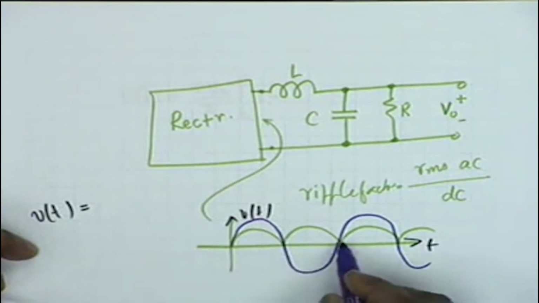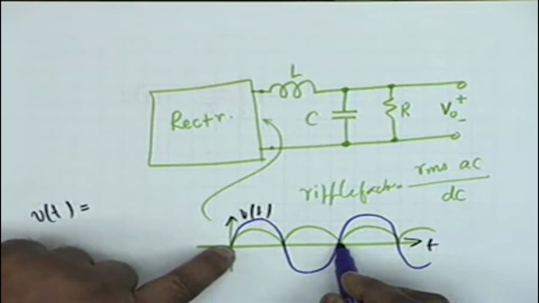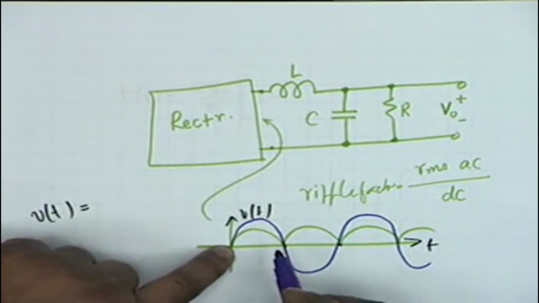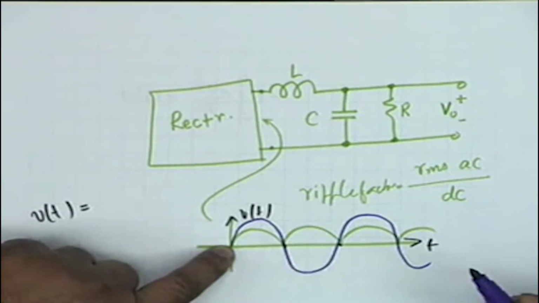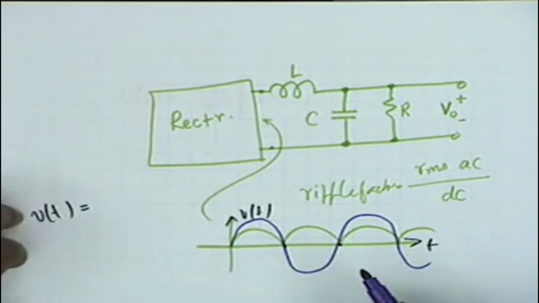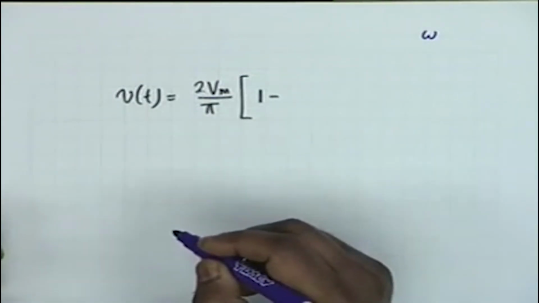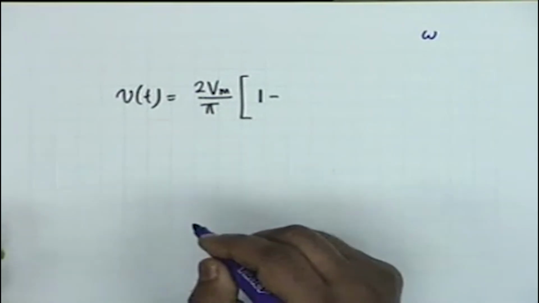So the input waveform, the period was this much, whereas the period of the output is this much. Obviously, the output waveform's frequency is double that of the input, and therefore if the input waveform has a frequency omega, the output waveform has a frequency twice omega.